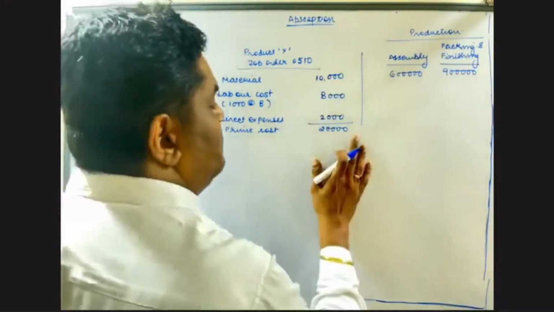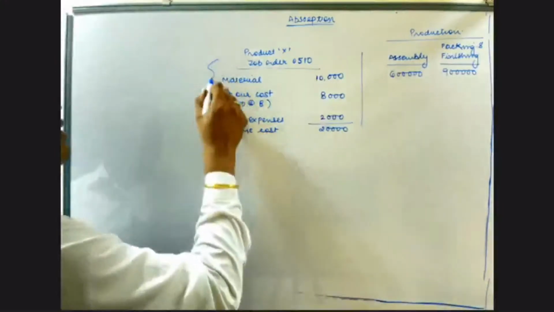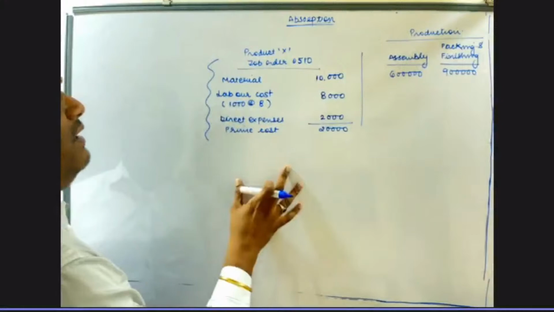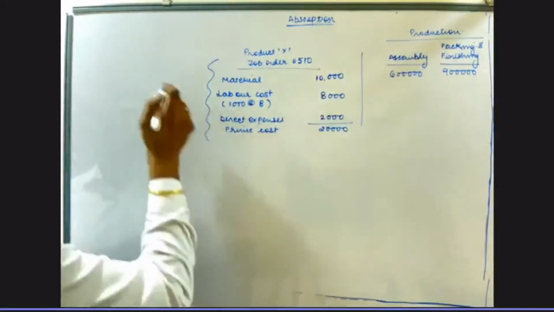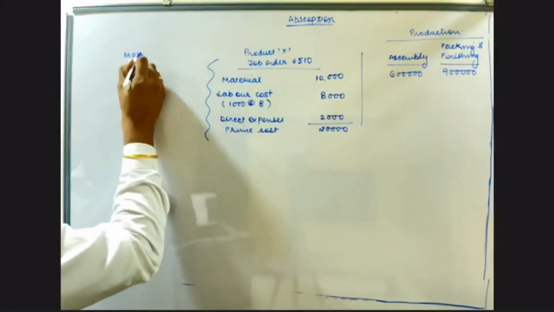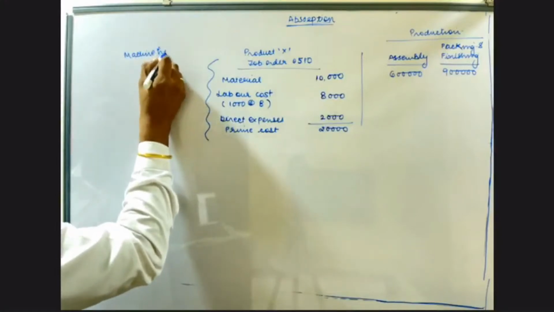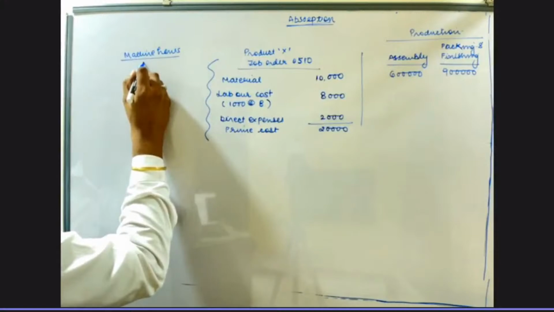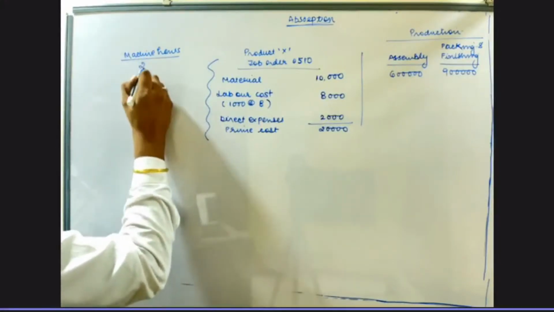Further, total machine hours used to complete this job order is, let's say, 2,000 hours.